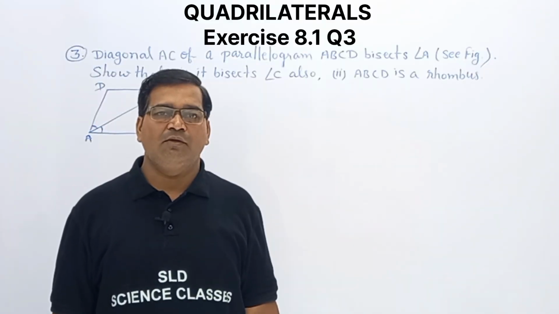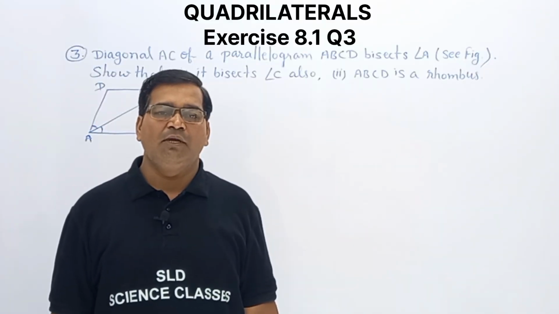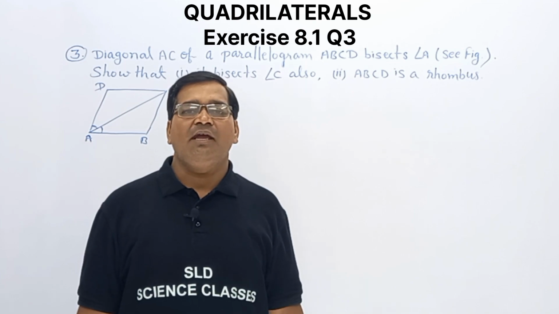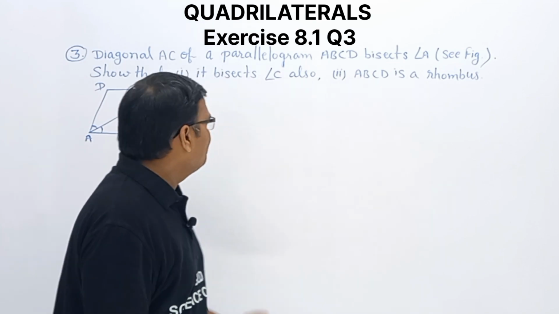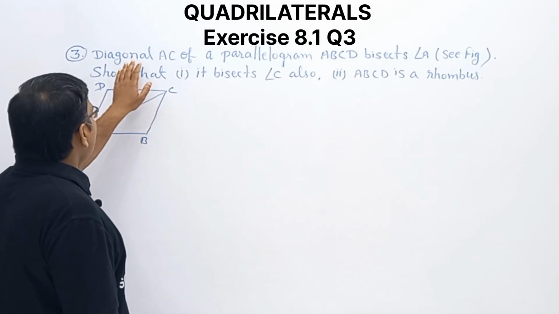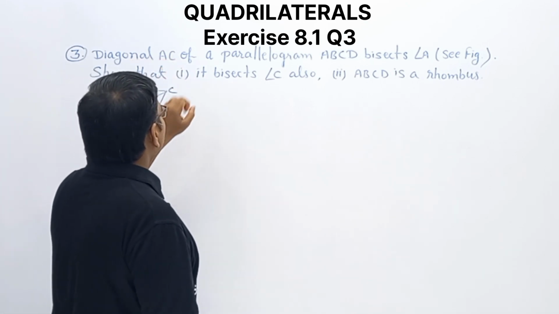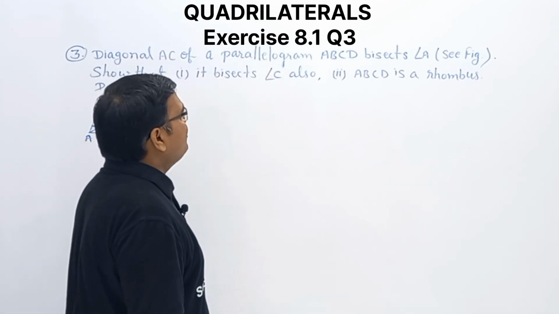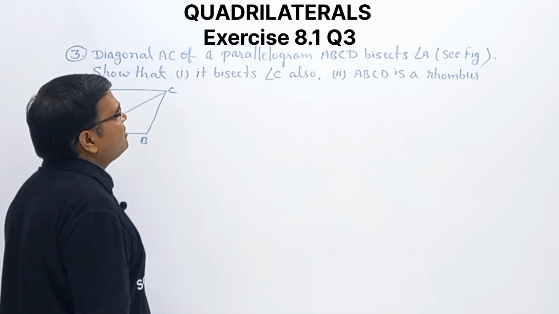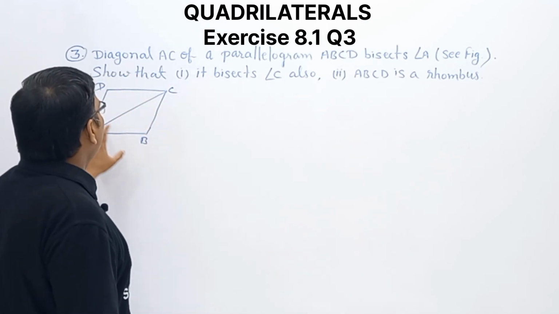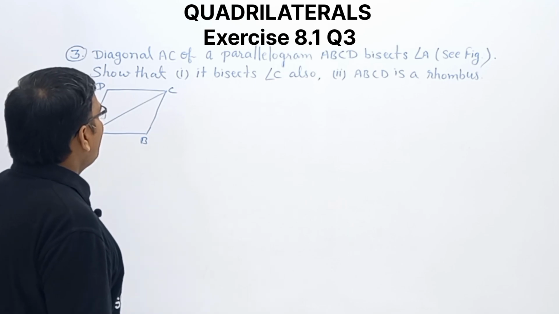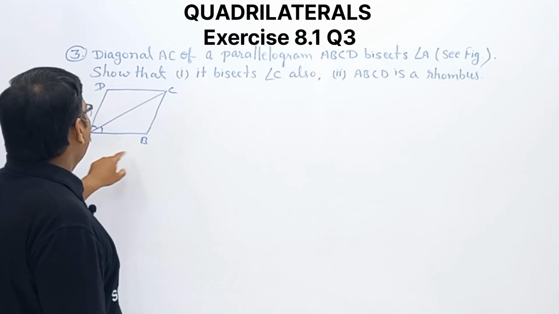In this class, we are going to discuss question number 3, exercise 8.1, quadrilaterals. Observe this question. Diagonal AC of a parallelogram ABCD bisects angle A. We have one diagonal AC of a parallelogram ABCD.